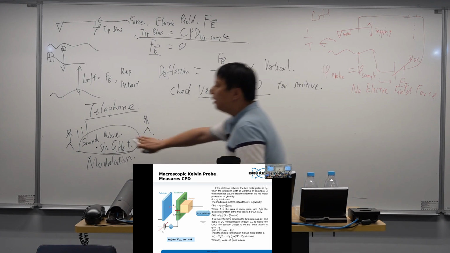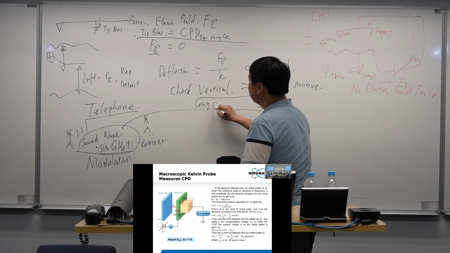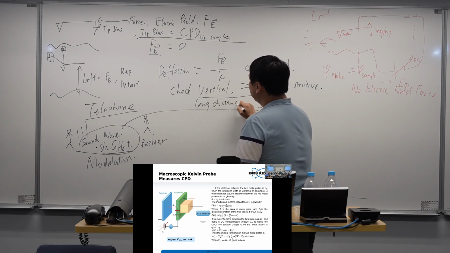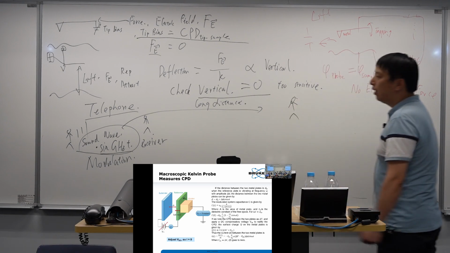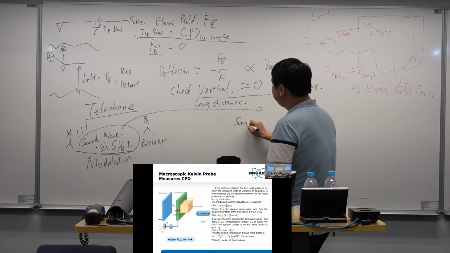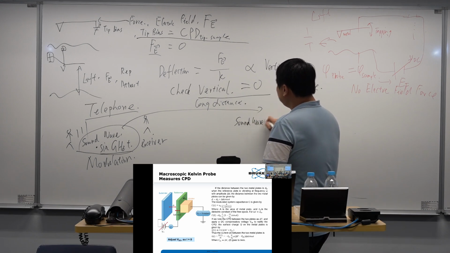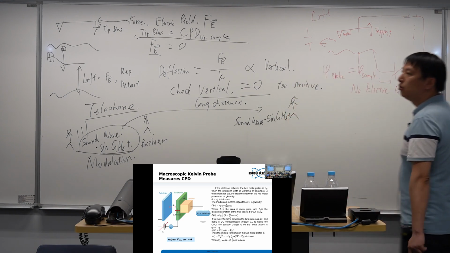And then this wave can travel a long distance to the receiver. On the receiver, what do they get? They get the sound wave times sine gigahertz t, right?